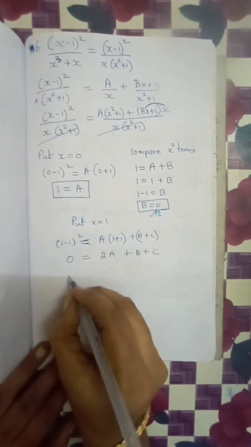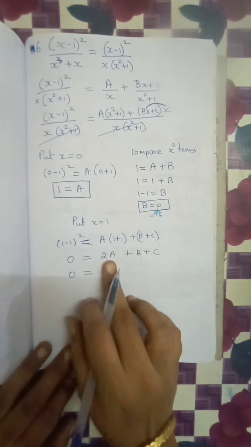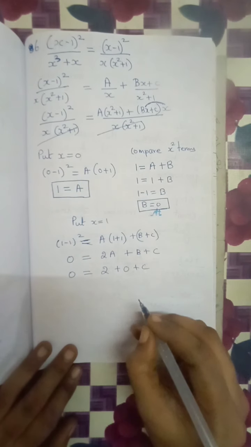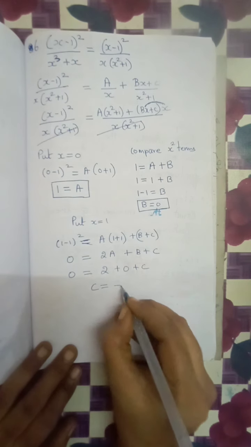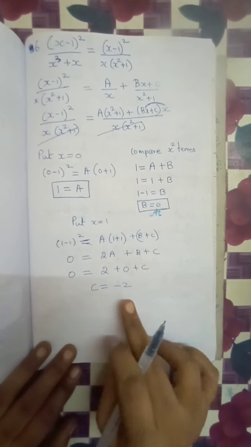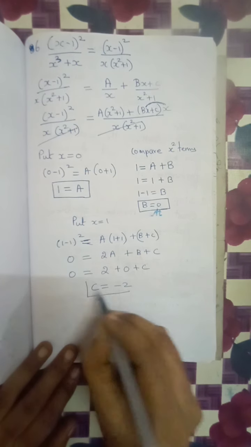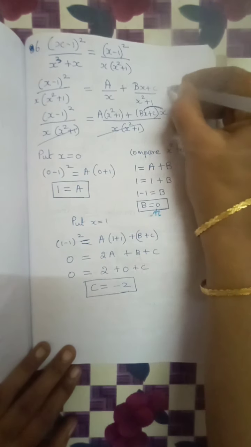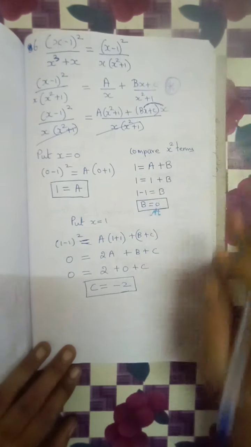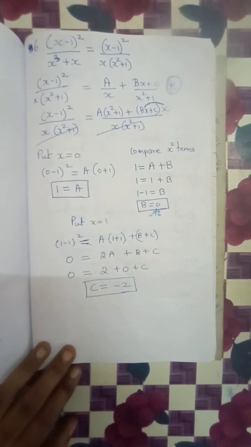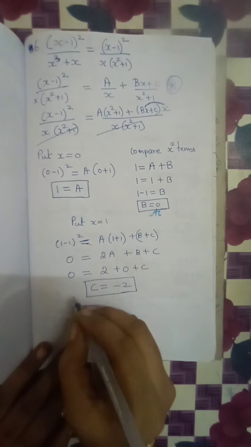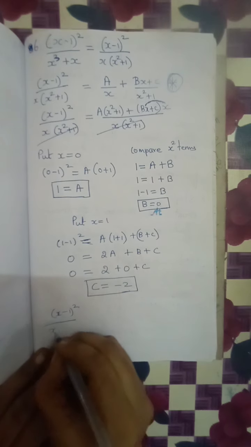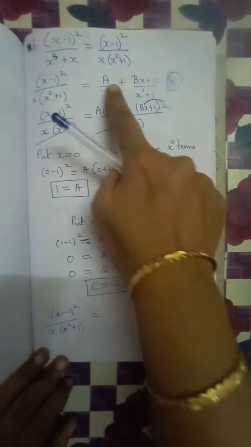Now let me put the values that I have got. A is 1, so 2 ones are 2. B is 0. So when I simplify this, I get the value for c as minus 2, because if I take the 2 to the other side, I will have minus 2. Now I know the values of a, b and c. Let me substitute these values in this particular step. First I have to write the question: x minus 1 whole square by x into x square plus 1 equals, see here, a.